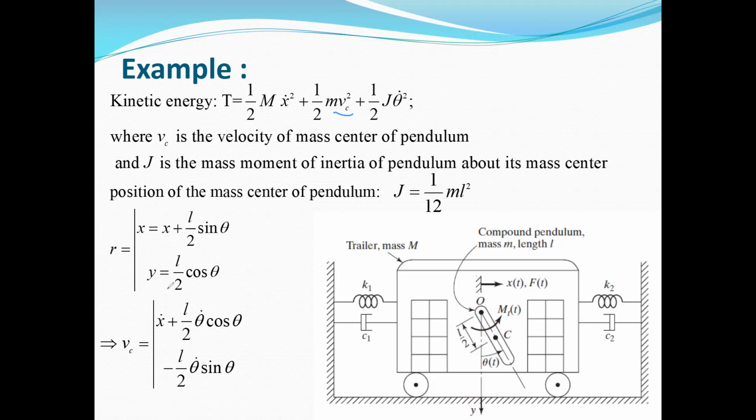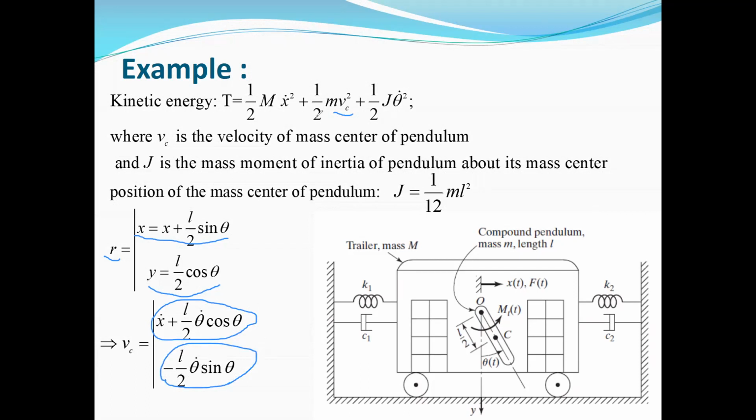The displacement is x and y, or vector r, and now to calculate VC, the velocity in horizontal component is the derivative of x with respect to time, and the velocity in vertical direction is the y component derivative with respect to time. So we can calculate VC, which in fact this is the horizontal component, x dot plus L over 2 theta dot cosine theta, and the y component or vertical component is minus L over 2 theta dot sine theta.